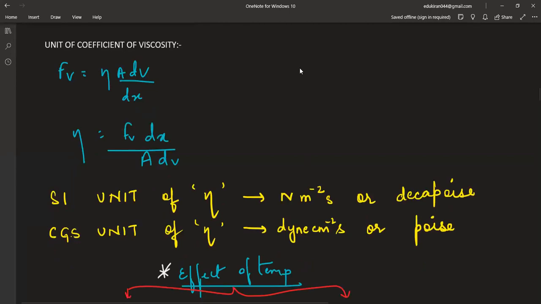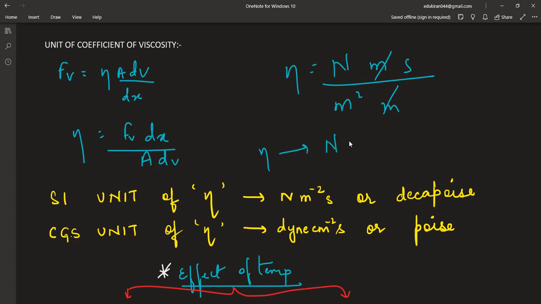This is the formula. Now see, force is Newton, distance is meter, area is meter square, velocity is meter per second. See, meter gets cancelled. So the unit is Newton second per meter square, which we call decapoise.